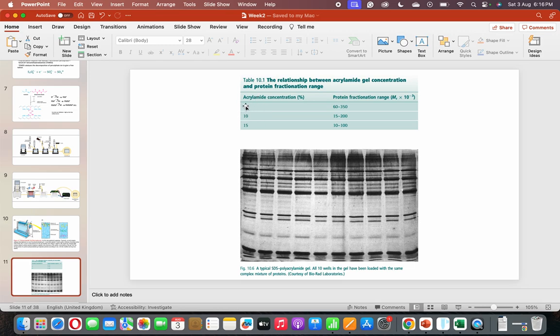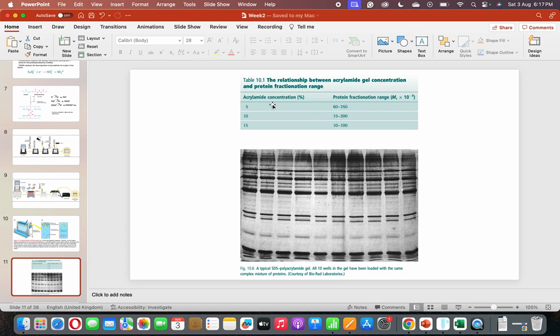If I have a 5% acrylamide concentration, you can imagine that the pore size will be very big. There'll be more gaps between the acrylamide molecules, so the bigger proteins can move through that. The range of proteins that we can separate through this is quite large, 60 to 350 kilodalton proteins.